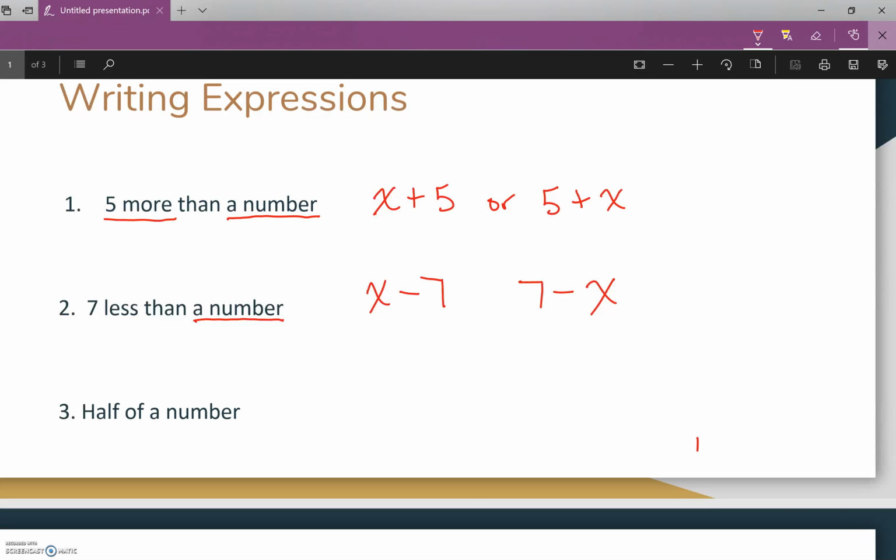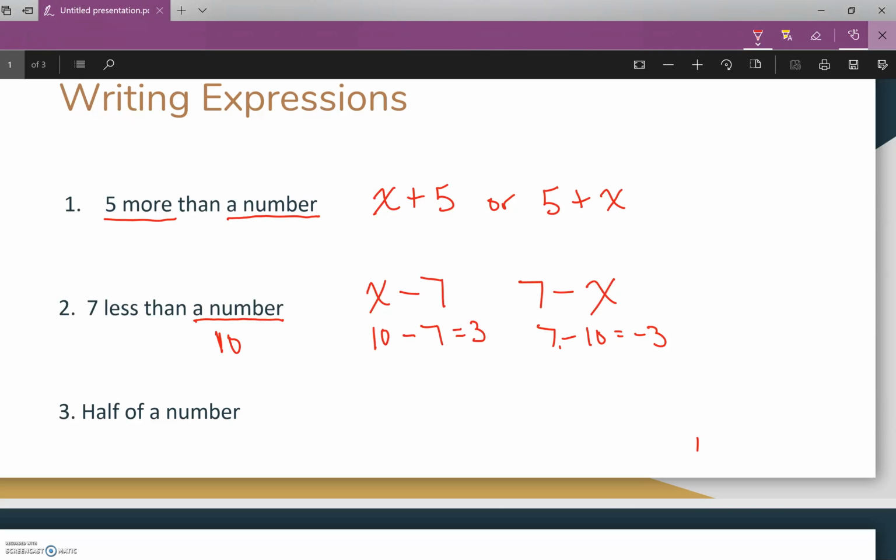So if you picked a number, if you wanted that number to be 10, 7 less than that would be 3, right? So if you plug that in here, it would be 10 minus 7 is 3. If you plugged it in here, it would be 7 minus 10, and that would be negative 3. And that's not 7 less than 10.